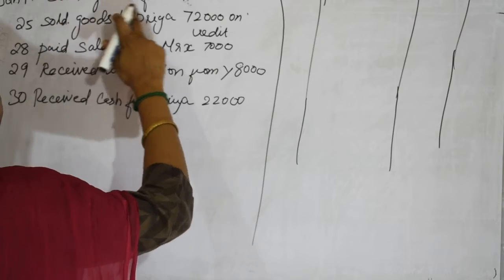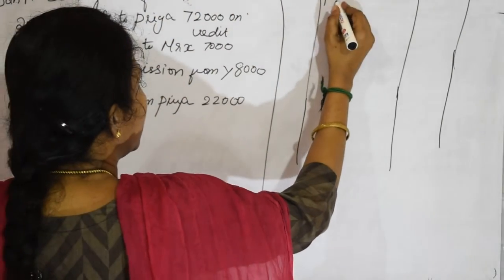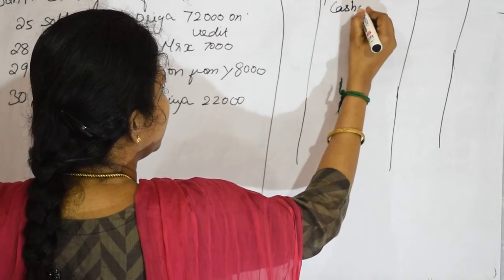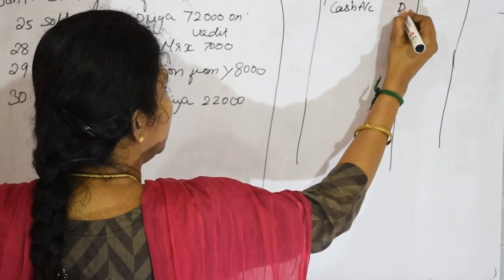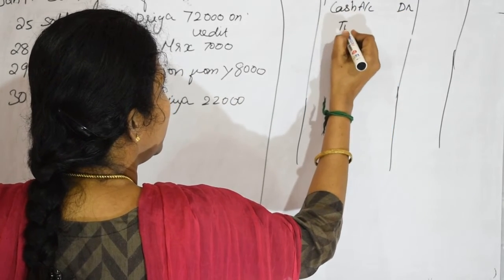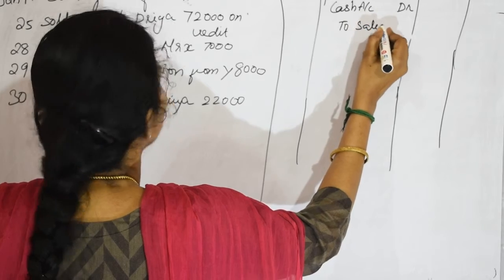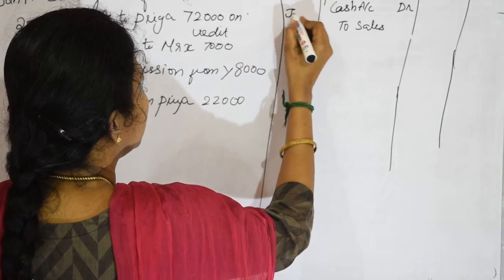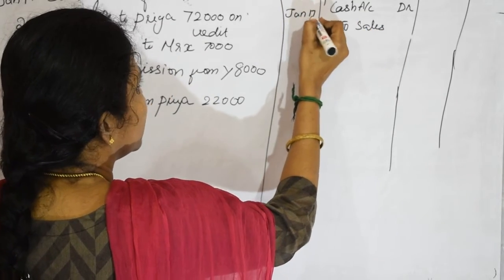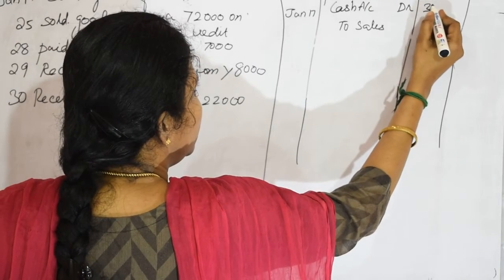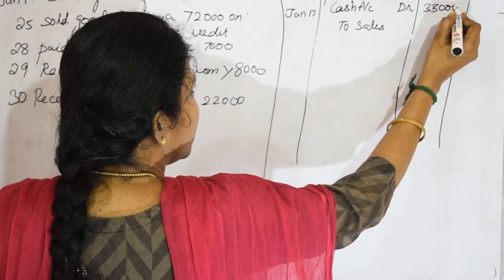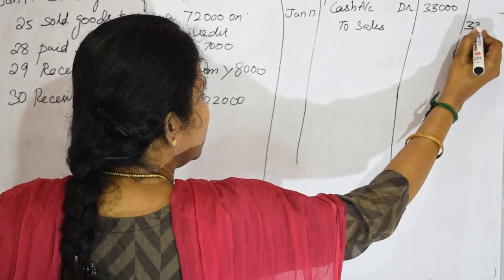Here sold goods for cash. So cash account debtor to sales account on January 17th. 33,000. Debit 33,000. Credit 33,000.